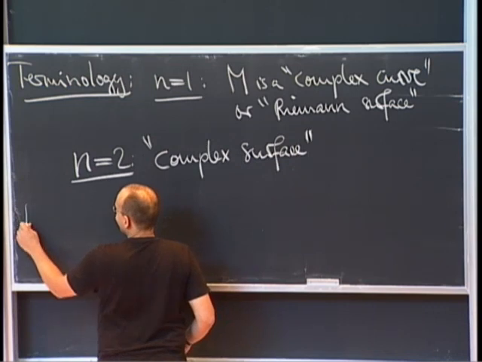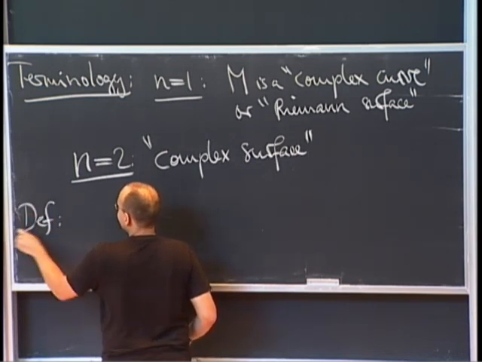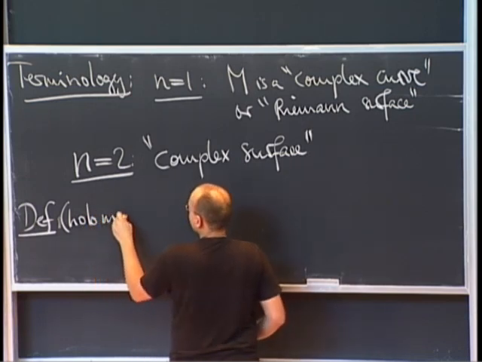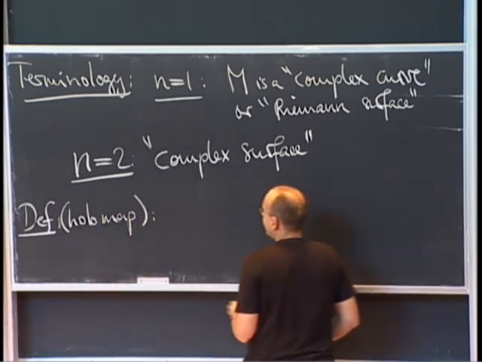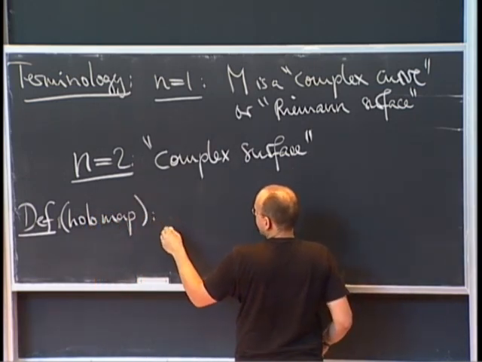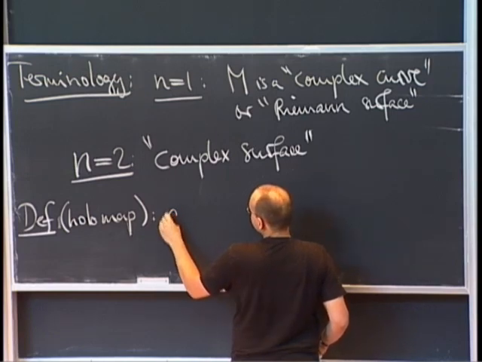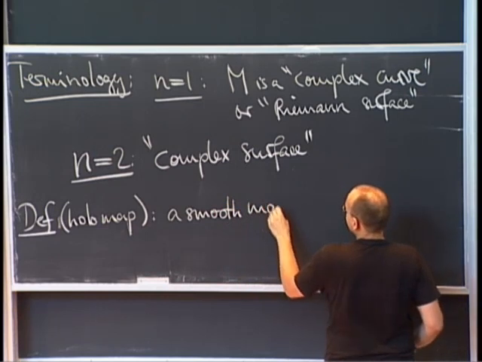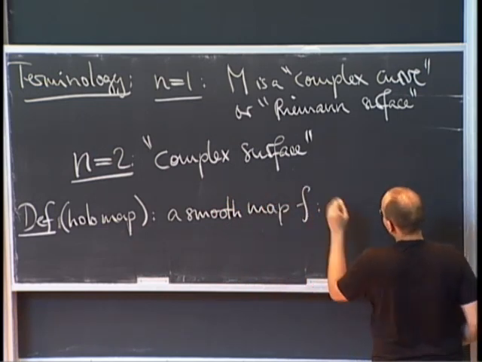So I guess one more boring definition. Holomorphic map. You have a smooth map between complex manifolds.